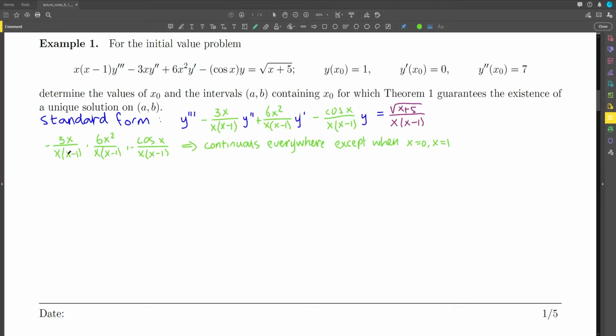So again, those are the values that make the denominator equal to 0, and we cannot have division by 0.